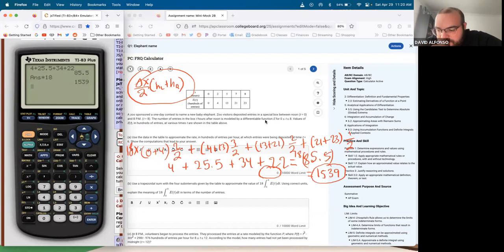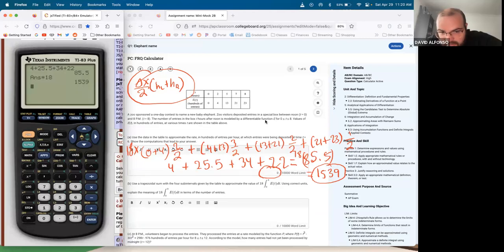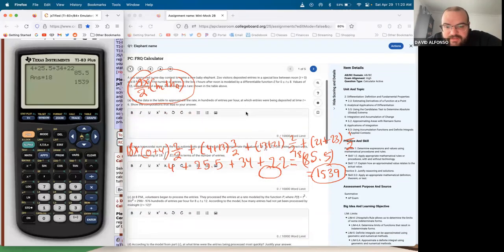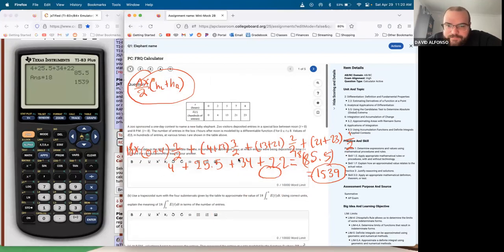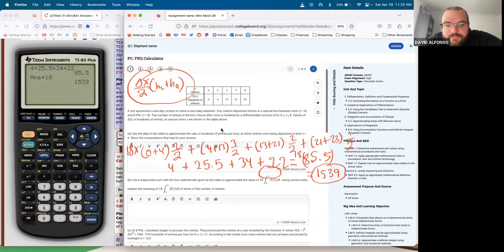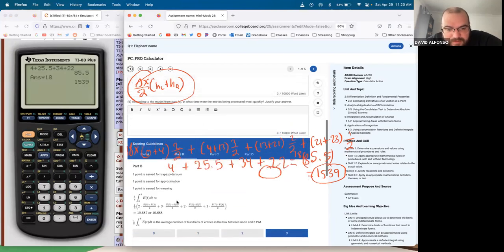This is probably a long shot, but if we're doing the area of how much elephants accumulate, and it's 85.5, wouldn't 18 just be the amount of days that happens over, or is that just a long shot? No, I don't think so. Let's see what their answer is. Because if this was a rate, I would say that's the net change, but I am personally confused by this question.